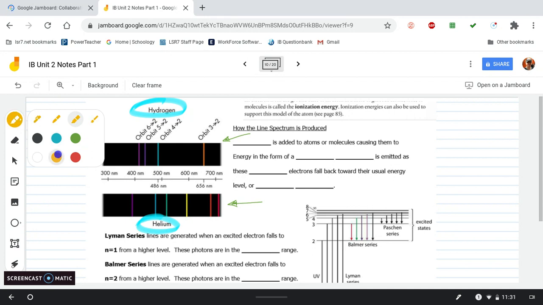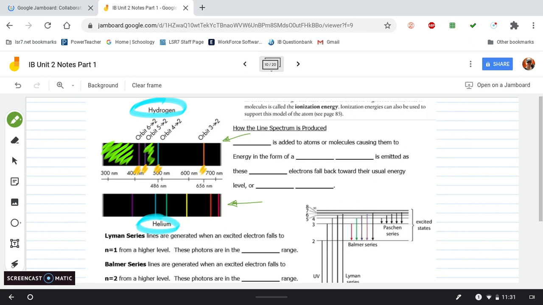If you look, you can see that the hydrogen has values here and here and here and here. But if you think of a rainbow, only very small pieces of the rainbow are showing. So that's the discontinuous.